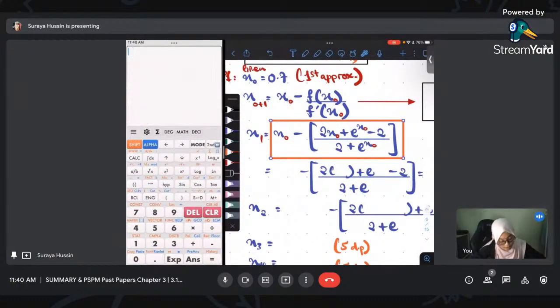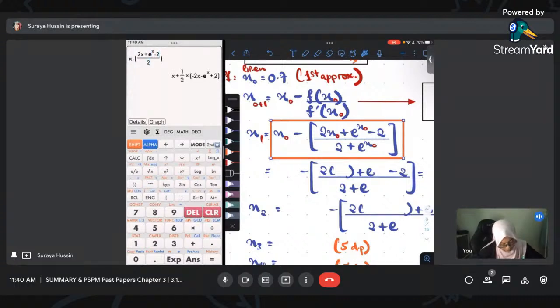So let's type it. Alpha x, minus in bracket 2 alpha x plus exponent to the power of alpha x, minus 2.